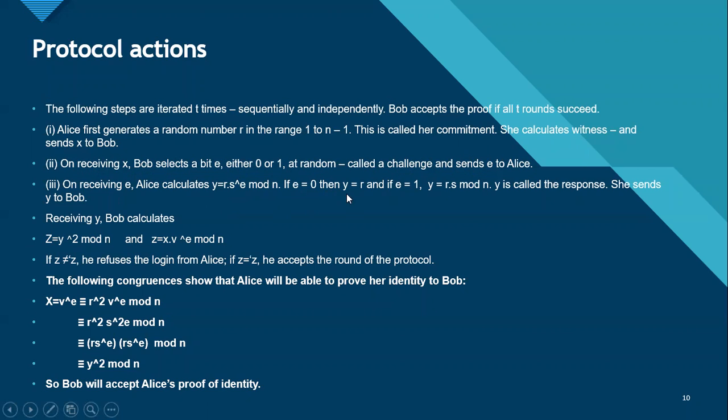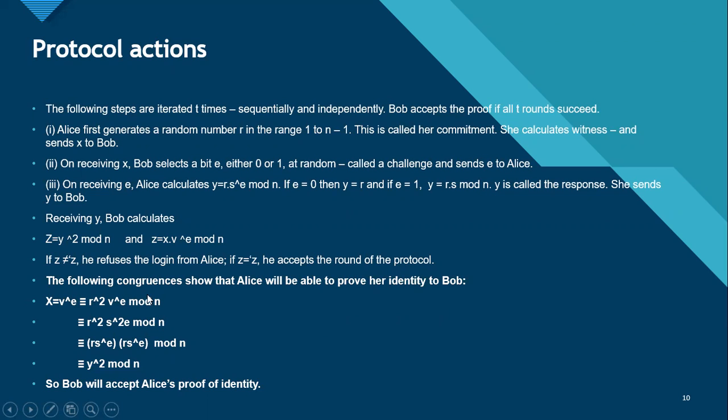If E equals 0, then Y equals R, and if E equals 1, then Y equals R times s mod n. Y is called the response. She sends Y to Bob. On receiving Y, Bob calculates Z equals Y squared mod n and Z prime equals X times v to the power E mod n. If Z is not equal to Z prime, he refuses the login from Alice. If Z equals Z prime, he accepts the round of the protocol.